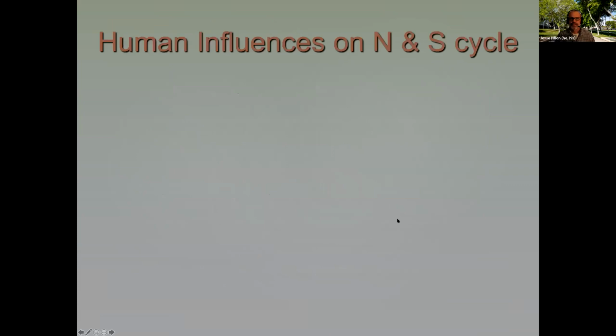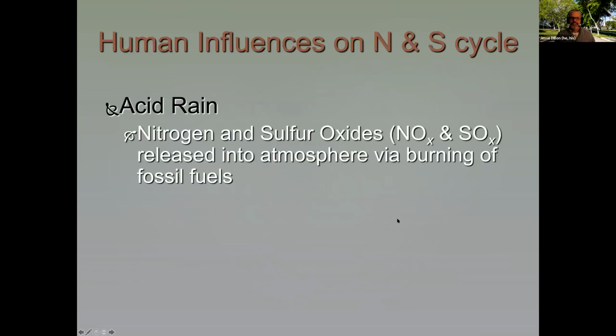Okay. All right. So I've already alluded to acid rain, so I'm not going to belabor this. It turns out that acid rain includes both sulfur oxidized forms and nitrogen oxidized forms. And we put an X here because it's a mixture. So it can be SO2, it can be SO3, NO2, NO3. So all of these contribute to acid rain. And acid rain still goes on, particularly in developing countries that have industrialized more recently.